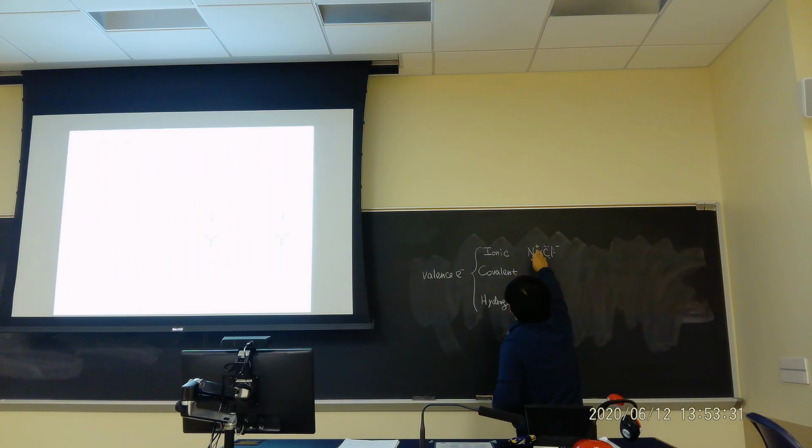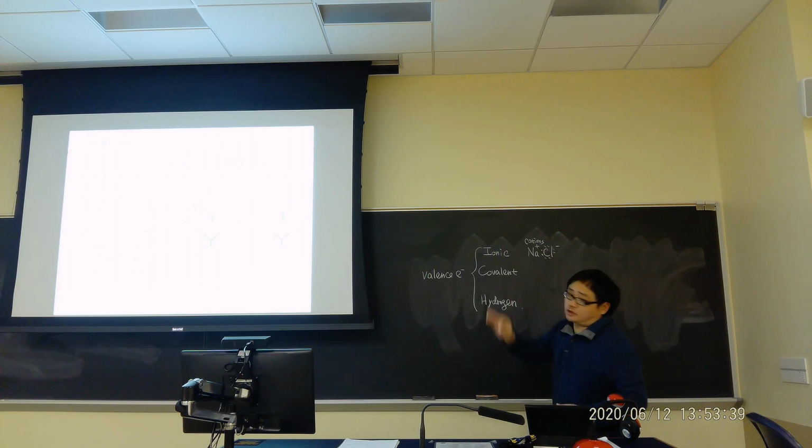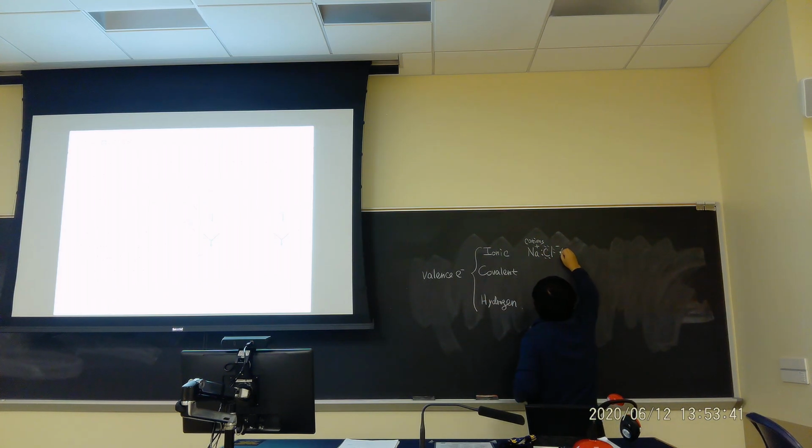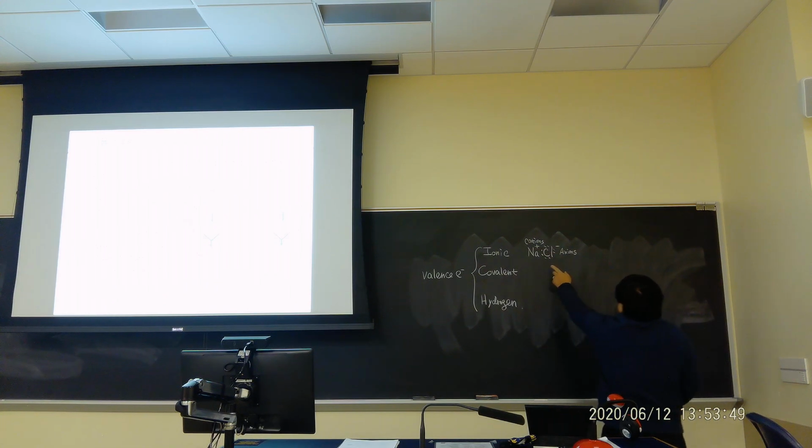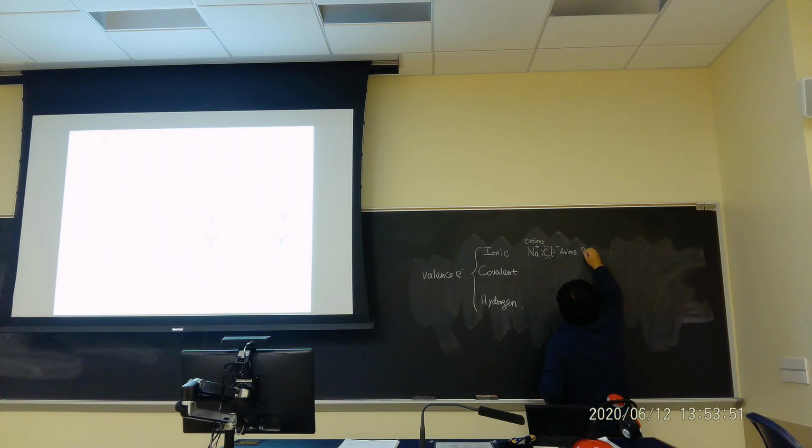The positively charged one is called a cation, and the negatively charged one is called an anion. So when they combine together, it is not charged. Usually we say this is a relatively weak bond.